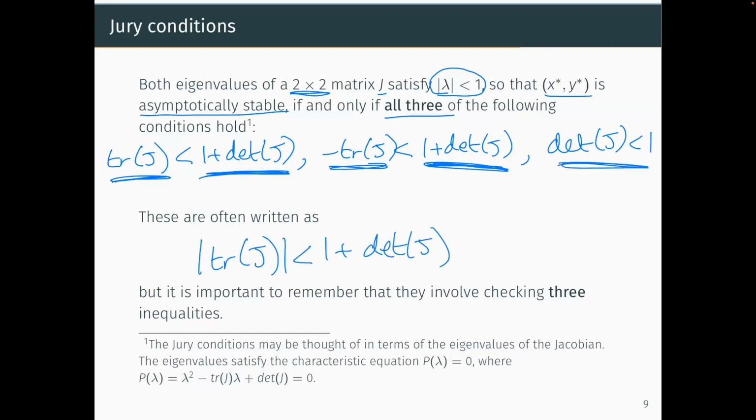And over here, we need the determinant to be less than 1. Therefore, if we add 1 to both sides, we'll get 1 plus the determinant has to be less than 2. So we can write this all in one big inequality here. So it's often read in this form here, or you can split it out into these 3 separate conditions. But it's important to remember, regardless, if you end up seeing this, this is 3 inequalities. These 2 things are equivalent, right?